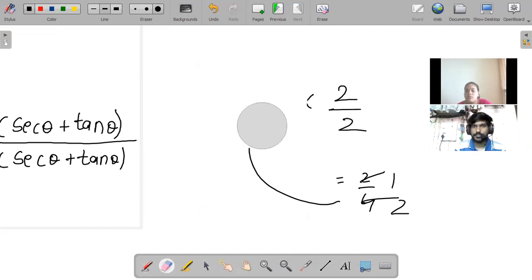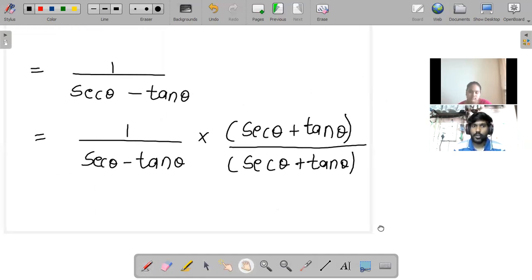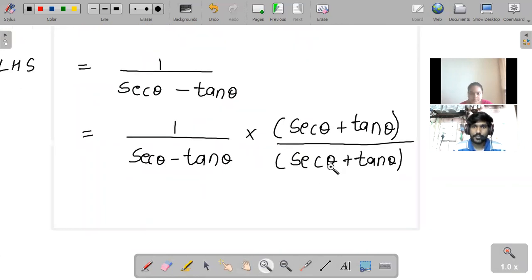So in rationalization, keep in mind, whatever you're multiplying in the numerator, with the same thing you have to multiply in the denominator also, always, whenever you're doing the rationalization. Now you multiply numerator with numerator, denominator with denominator.